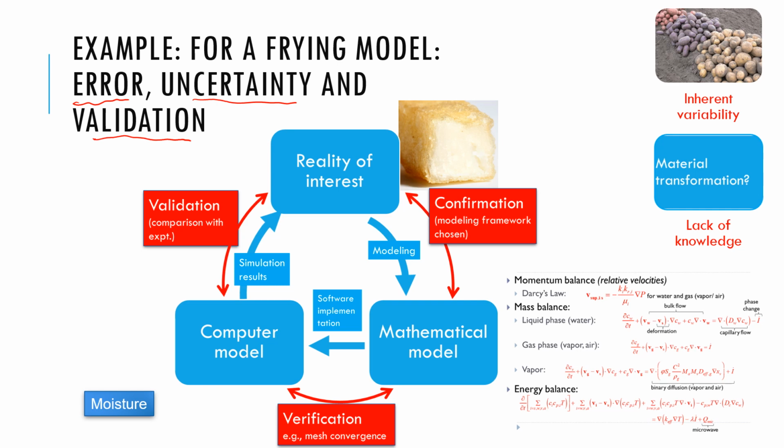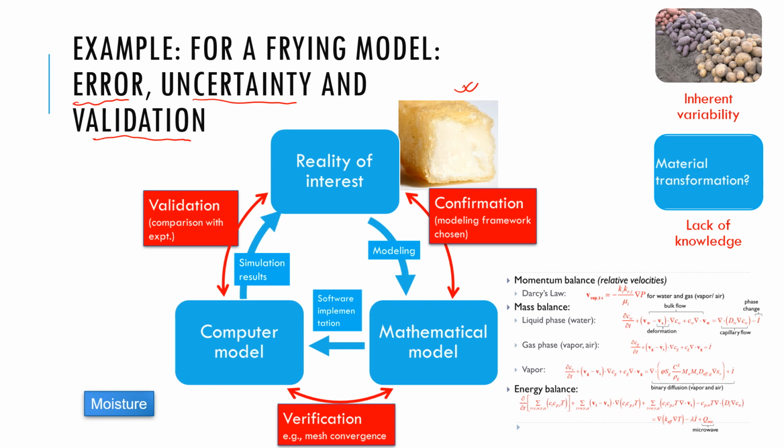In this case, it is deep frying of a French fry. And what we are after is the transformation from raw potato to this fried state. That's what we are trying to model.